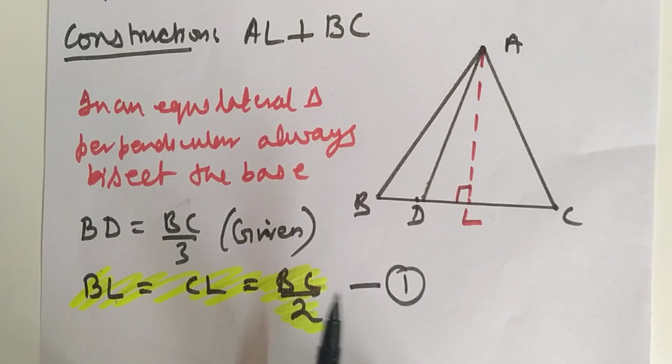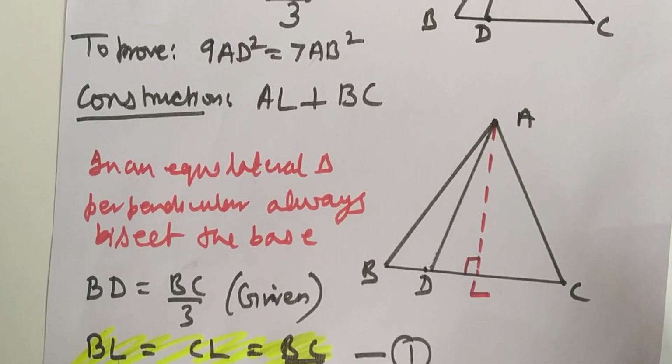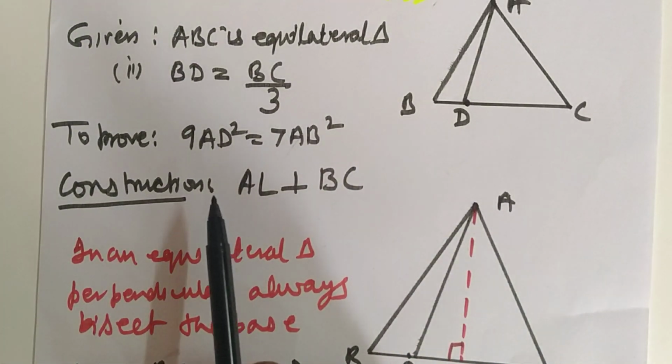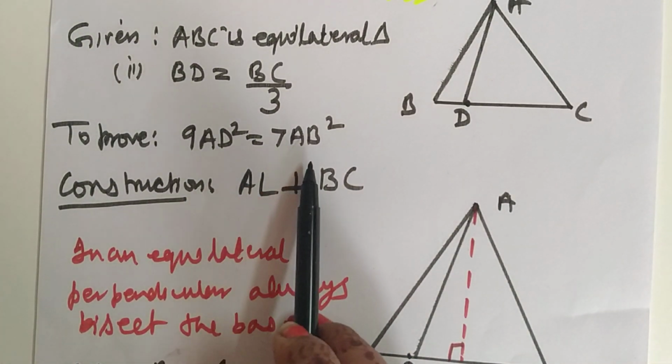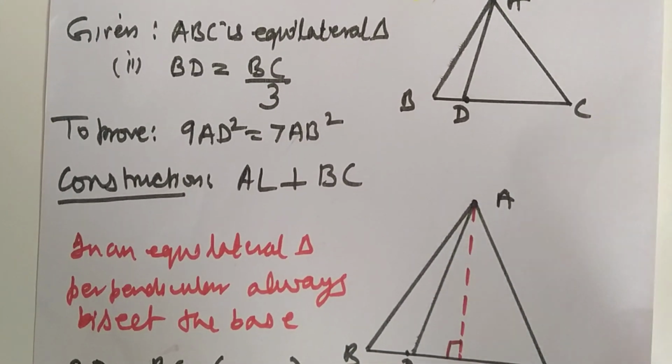Now we are going to start with the proof. First of all, we have to check what we need to prove: 9AD square is equal to 7AB square. This gives us an idea of which two triangles we need to take.